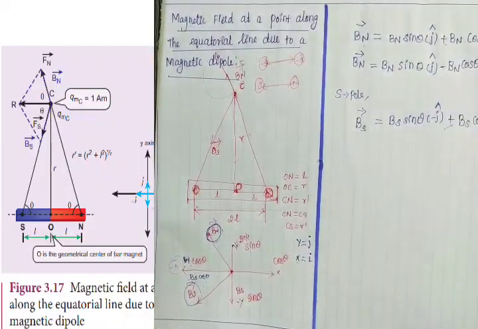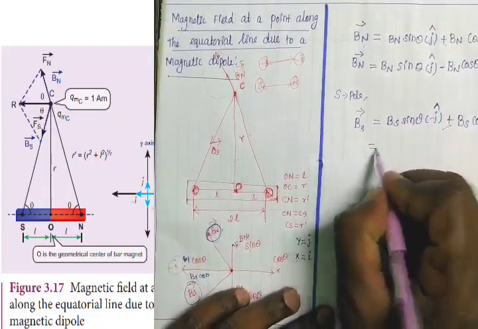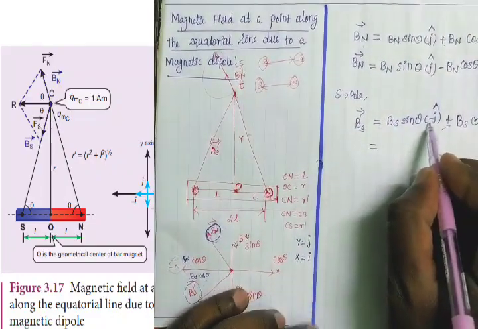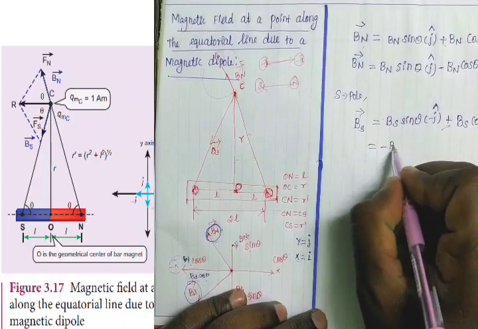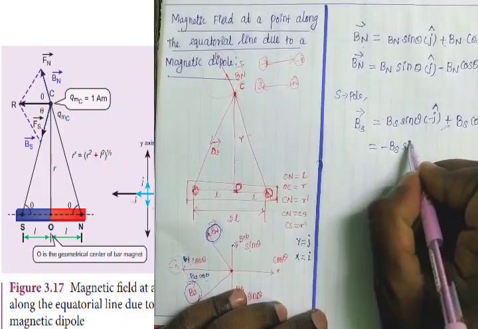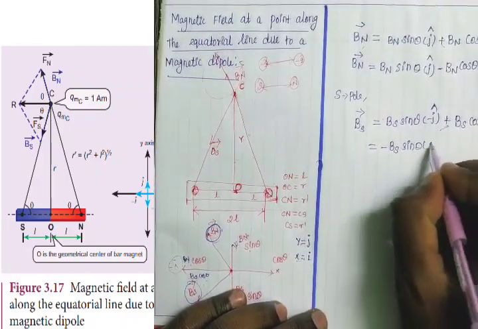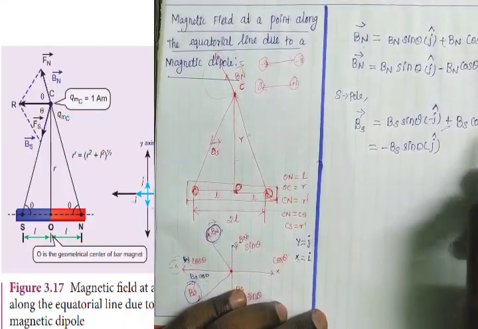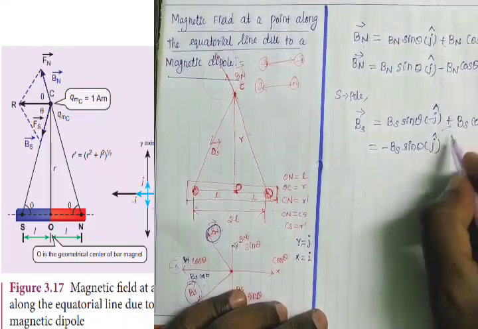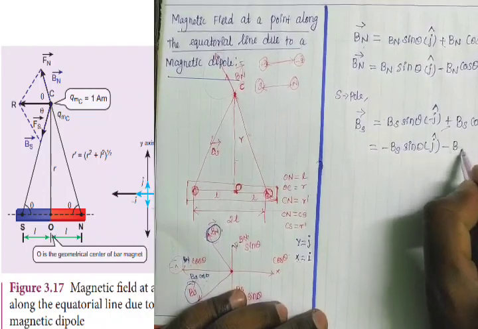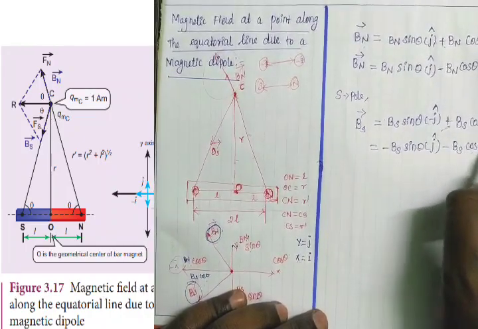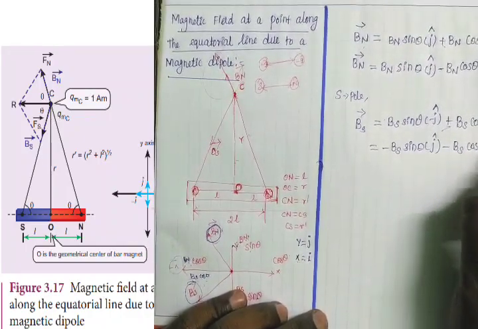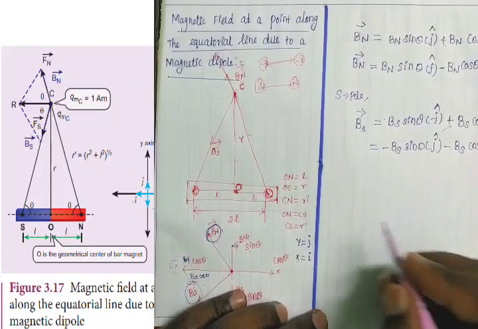So the same equation, here plus, here minus, so minus Bs sin theta unit vector j cap. Next plus into minus, so minus of Bs cos theta unit vector i cap.